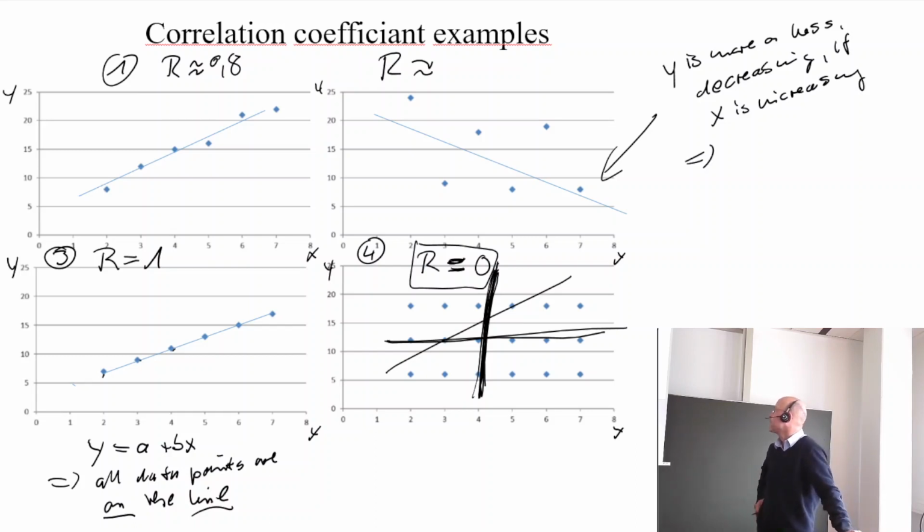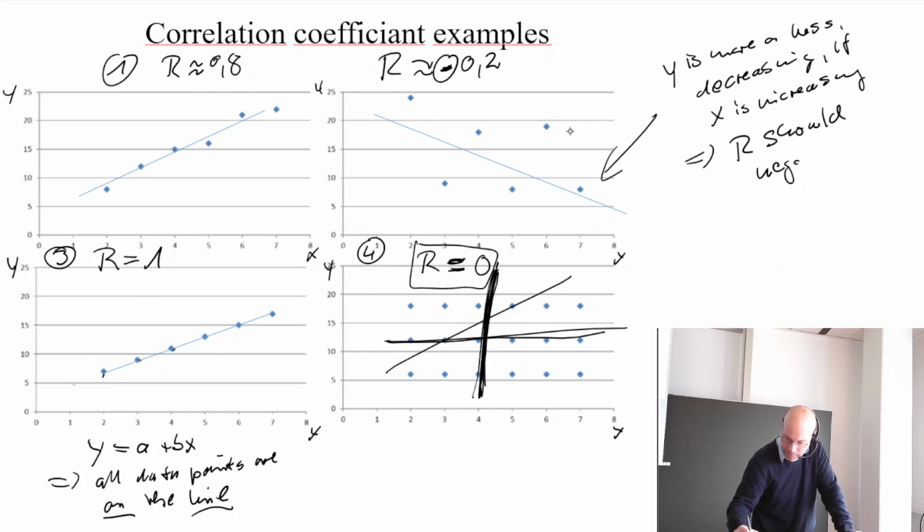And what does this mean? So it's lower than 0. Yes, of course. You should take here a minus, and therefore let's just assume that here we have roughly minus 0.2. Great. So then R should be negative.